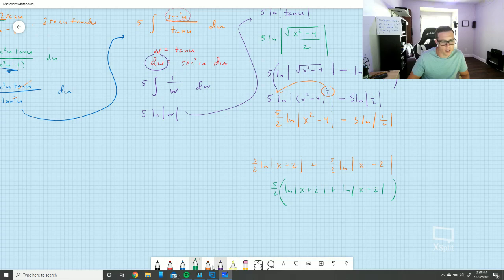It's kind of the opposite of what I did here when I split it up as division. When it's adding, you can multiply the two bases together. So 5/2 natural log of x plus 2 times x minus 2, which gets you the answer that you get when you do u sub.